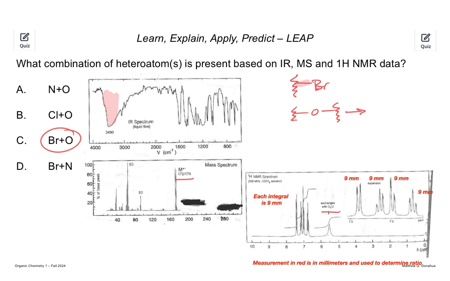So we can revise that to say, okay, there's an OH. And so we're sort of piecing the molecular formula together here. We know there's bromine and oxygen, and carbon and hydrogen are given.